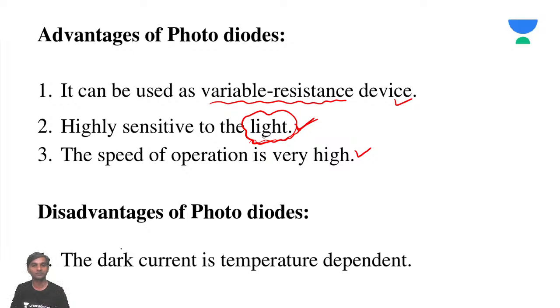The speed of light is 3 times 10 to the power of 10 centimeters per second. So these are the advantages.